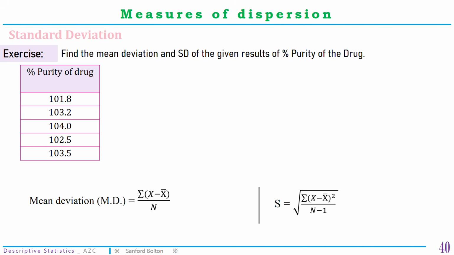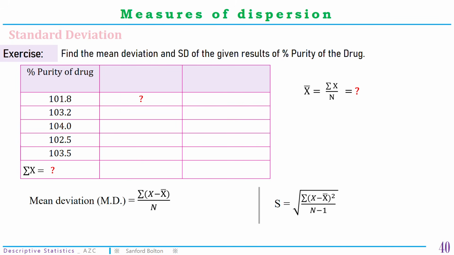First, we need to identify and calculate the parameters which are present in the equations. We need to calculate x bar. For this, we need sigma x, and we are adding a column of x minus x bar and a column of (x minus x bar) whole square.